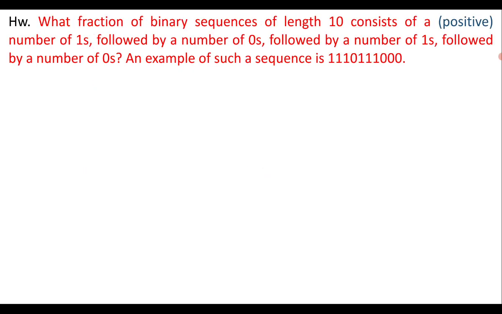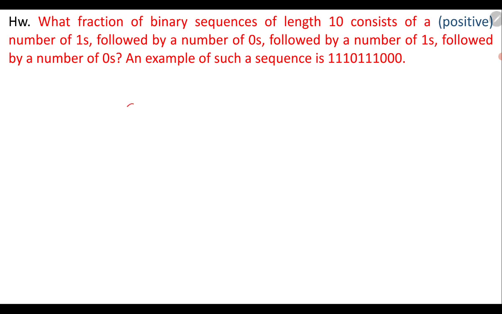Okay, so the last one says: what fraction of binary sequences of length 10 consist of a positive number of ones, then zeros, then ones, and then zeros. So there are type 1, type 2, type 3 and type 4 blocks, but they are identical, and there is a condition that each box should have at least one ball.